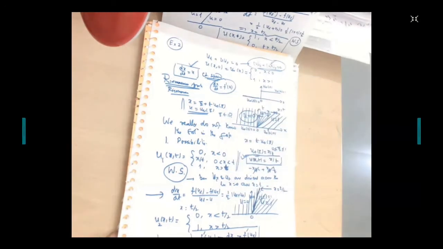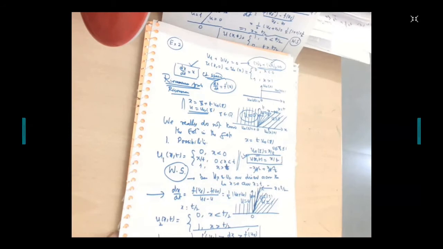If the characteristic speed on the left of the discontinuity is greater than the characteristic speed on the right of the discontinuity, then Lax proposed that this is the right way. This is the only solution. And in fact, this condition is referred to as Lax's stability criterion.